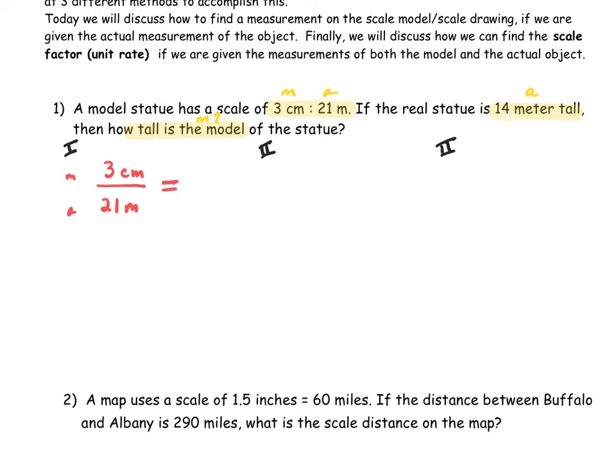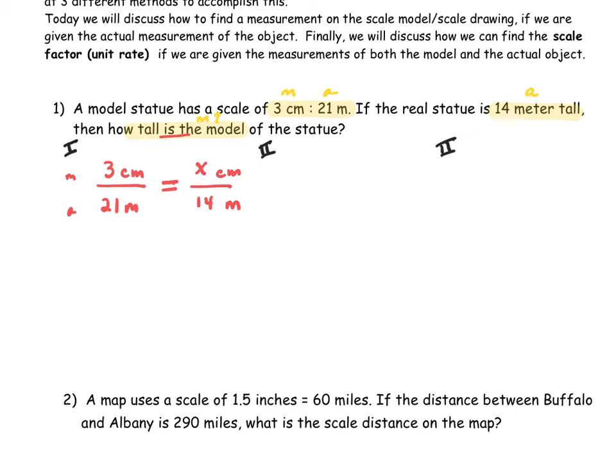And that's going to equal the model measurements, which we don't know, so I'm going to choose an x. We don't know that. That's what they've asked us. And so we do know that it should be in centimeters, though, because that's the unit of measure they gave. And then we're told that it's 14 meters. The actual statue is 14 meters.